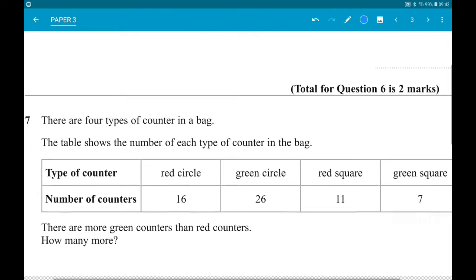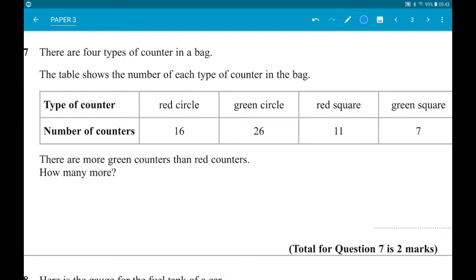Number 7. There are 4 types of counter in a bag. The table shows the number of each type of counter in the bag. So we have red circles, red squares, and green squares. There are more green counters in the bag than red. How many more? So let's work out the green.